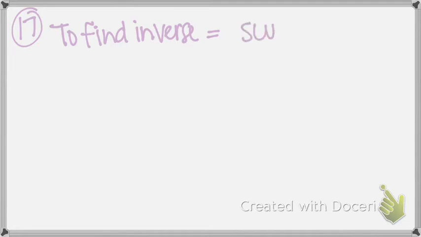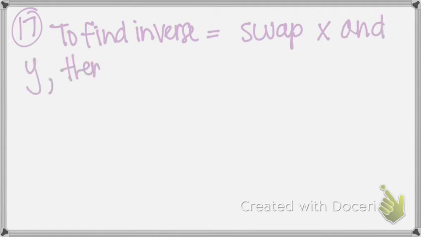Below number 17, I want you to write: to find inverse equals swap x and y, comma, then solve for y.